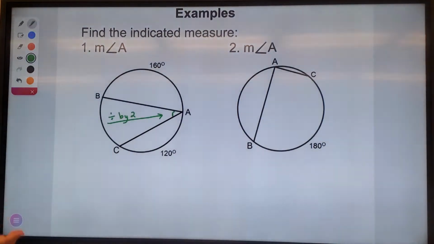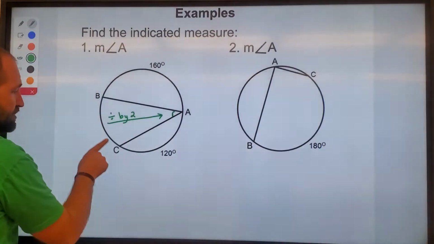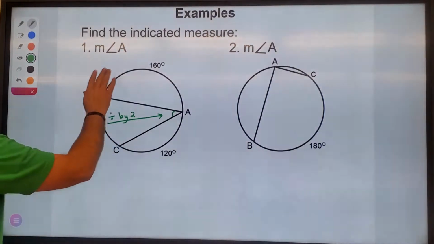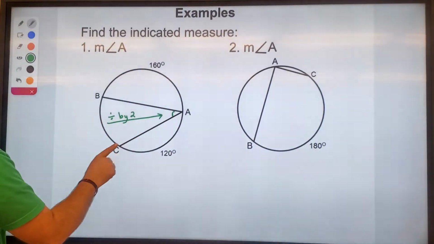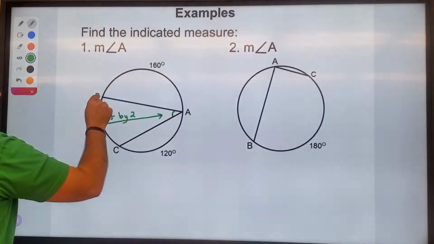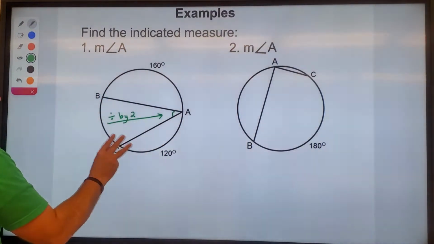But the question is, what value am I going to divide by 2? I don't know this arc, but I can find it because this circle consists of 3 arcs. It has this arc here from C to A, the arc from A to B, and then the arc from B to C. There's only 3 of them.